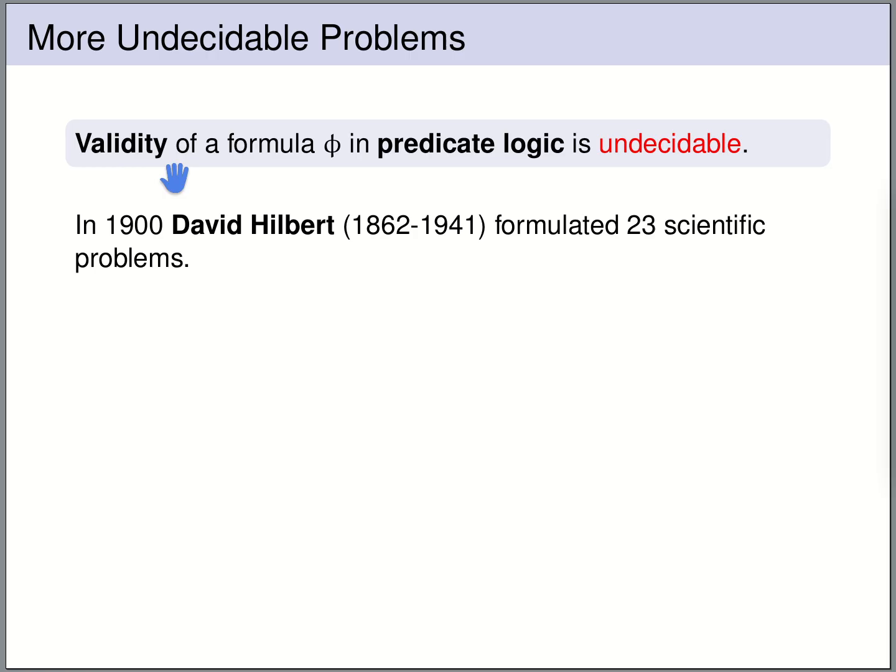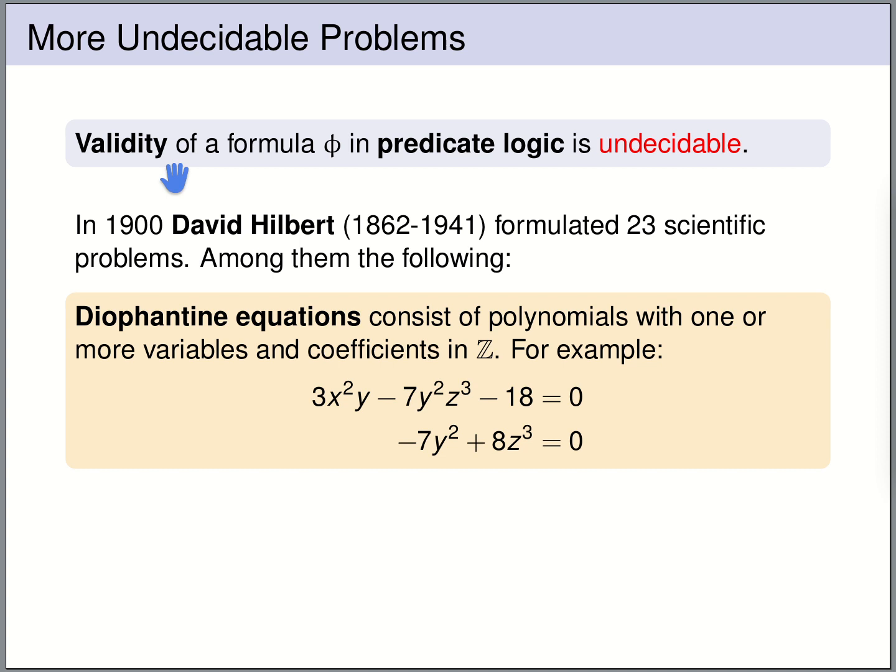In 1900, David Hilbert published 23 scientific problems that were all open at this time, so the solution was not known. One of these problems is about Diophantine equations, so we have polynomial equations over integer coefficients.